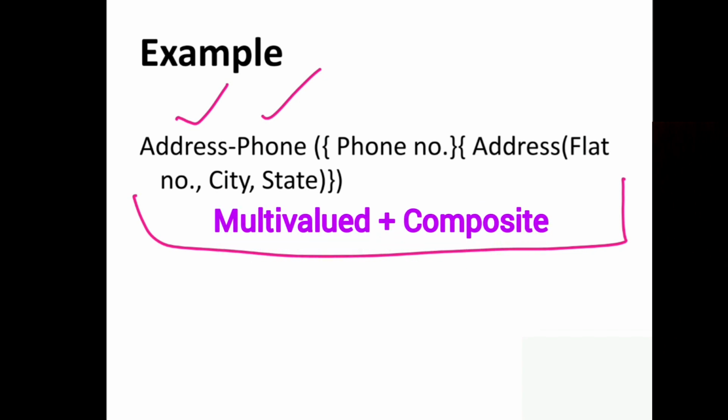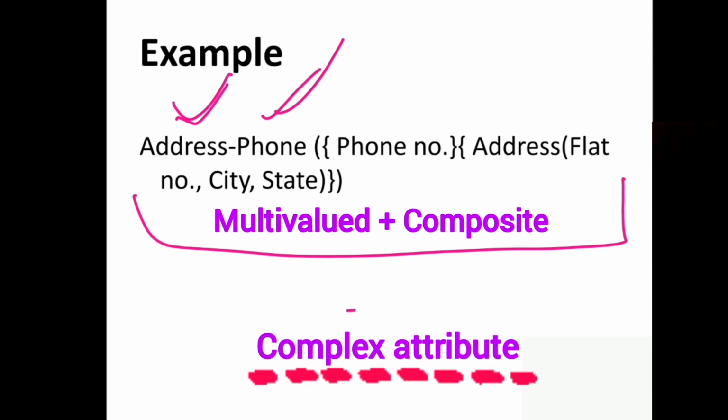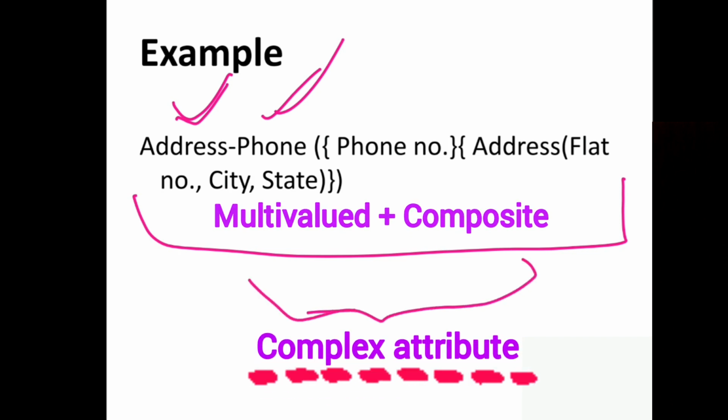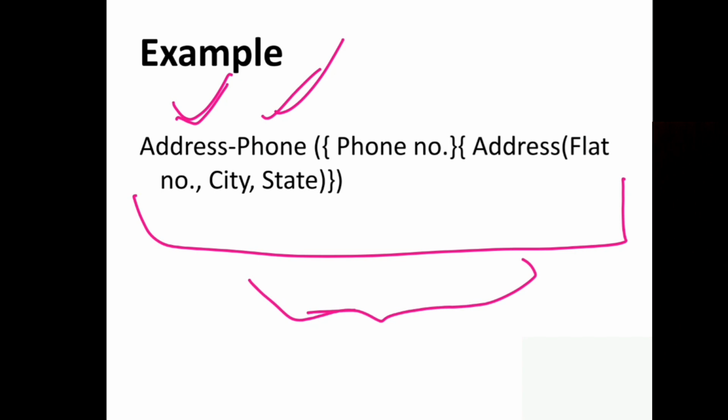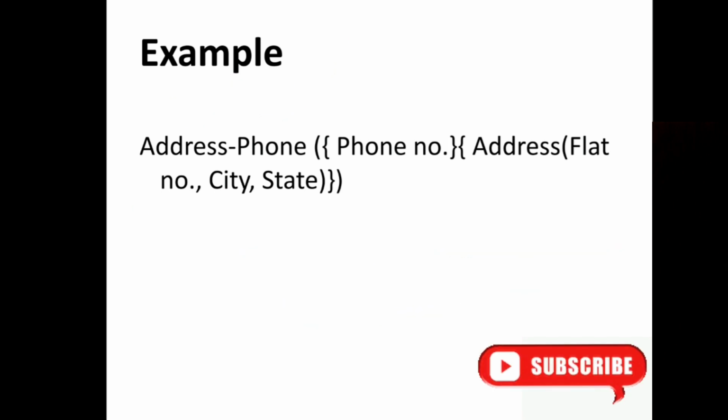So by nesting these multivalued and composite attributes, we can form a complex attribute. Alright. So these were the several types of attributes in the ER model.